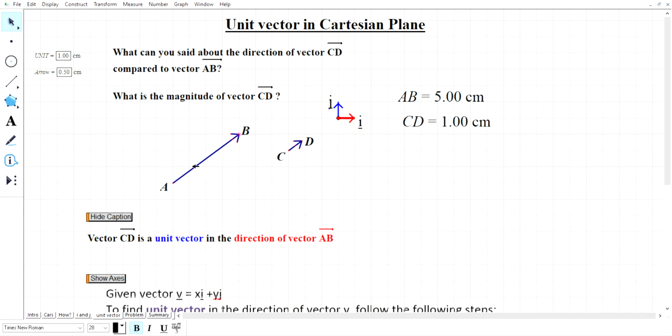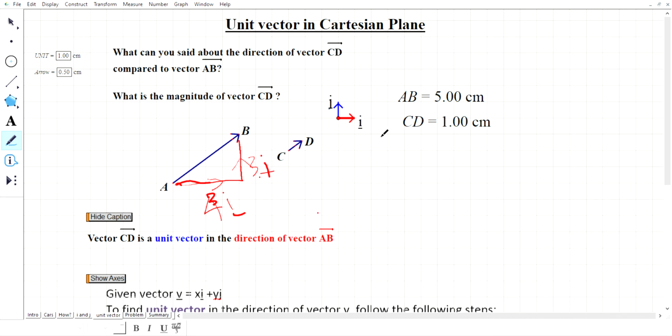Now, vector AB can be expressed as 4i plus 3j.